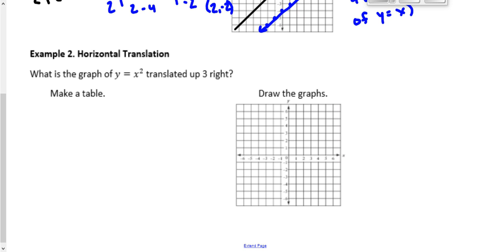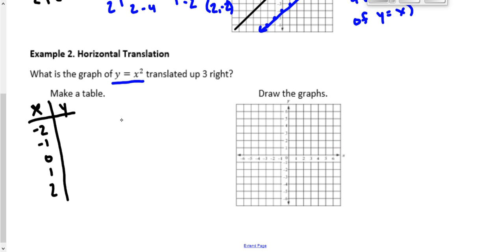It says, what is the graph of y equals x squared translated up 3 units? Okay, let's start with the table this time since it's not a line. I know it's not a line because of that squared. So I'm going to say x and y for my table over here. I'm going to plug in my x values, so I'm going to use -2, -1, 0, 1, and 2.